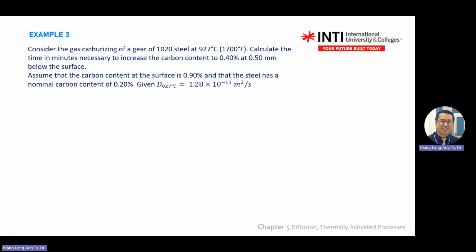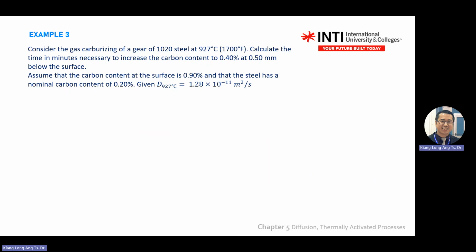So for this one, you just draw the object. Carburize, temperature T, 927 degrees C. Convert this one to Kelvin. This is the surface. This is the X concentration.